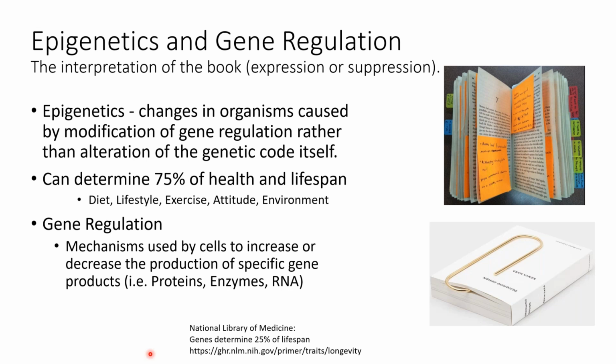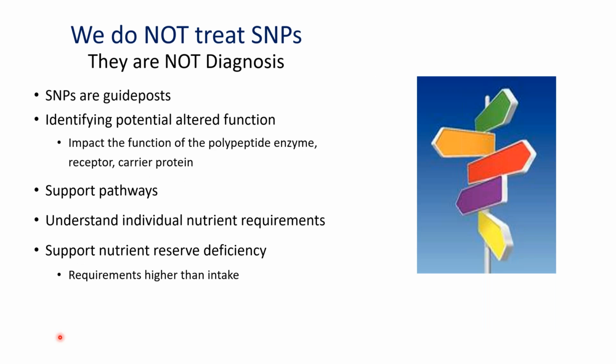I understood even how it related to current events today. So that's an example that I use for people where you read a book, the words are the same, but how we interpret that book later in life is very, very different. So that's our epigenetics. And one thing to be clear is that we don't treat SNPs.